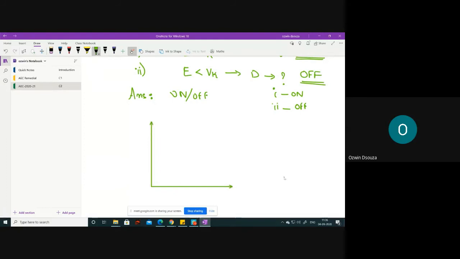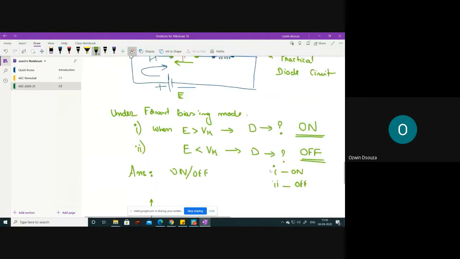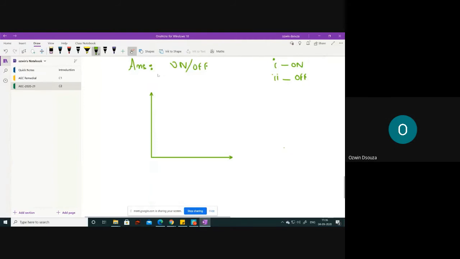So let us construct the forward bias characteristics. To get on condition, E should be greater than Vk, and to get off condition, E should be less than Vk. So we can draw the axis.